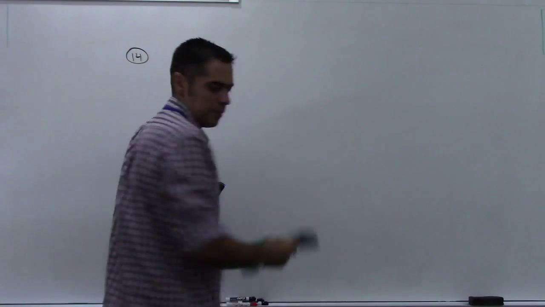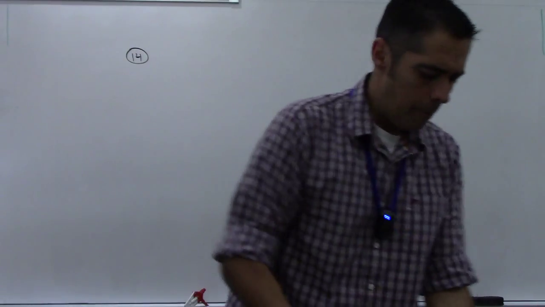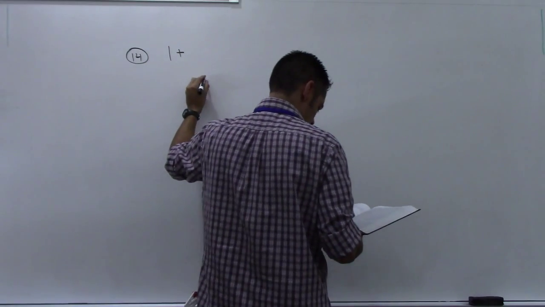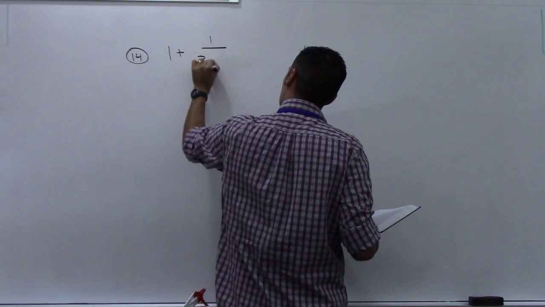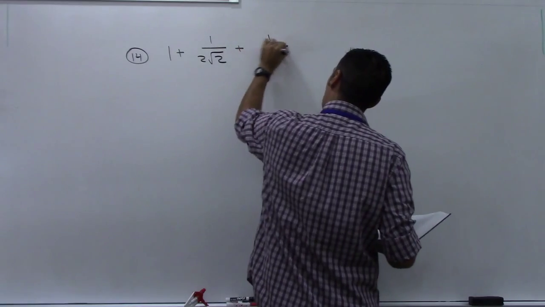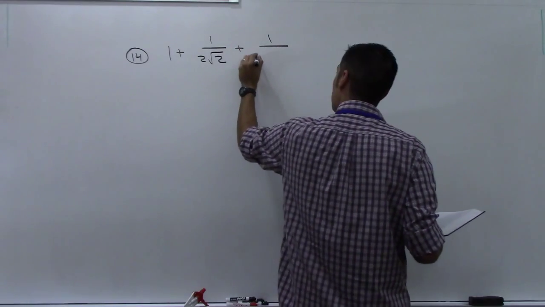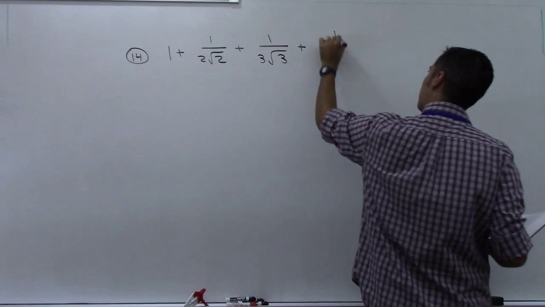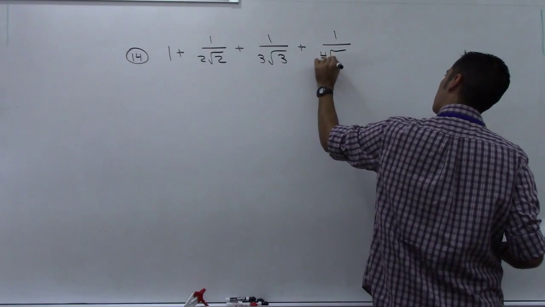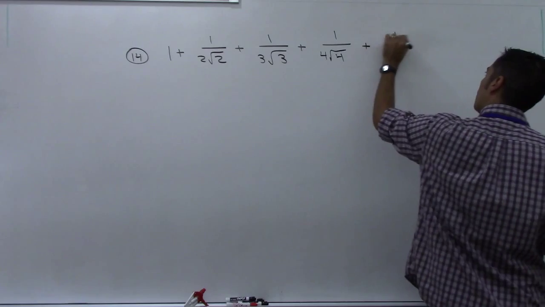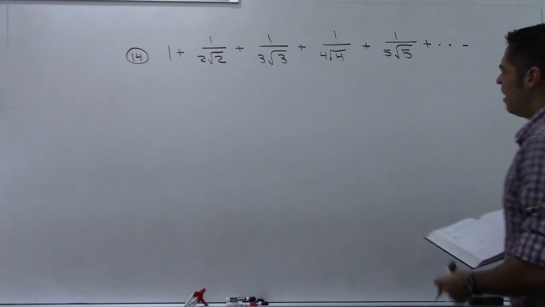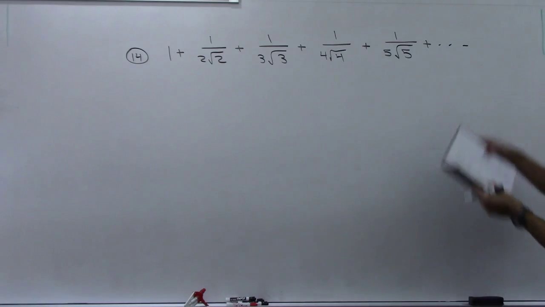14. 1 plus 1/2√2 plus 1/3√3, I'm going to guess, plus 4√4, yeah, 5√5. Did I do plus dot dot dot on the last one? I don't know if I did.